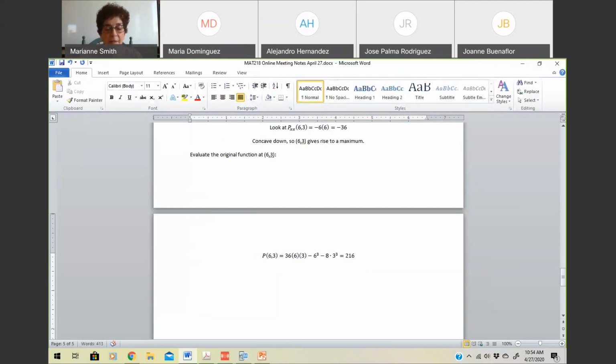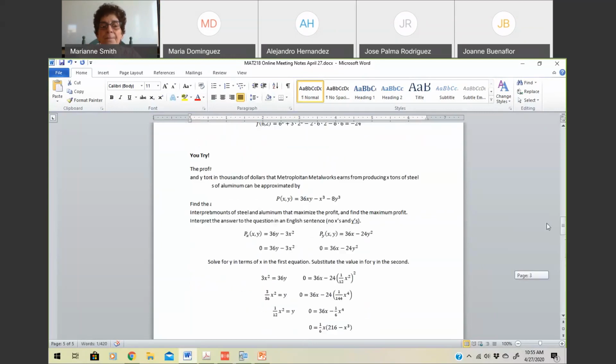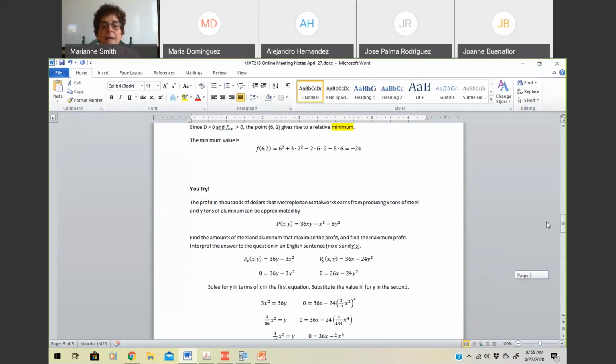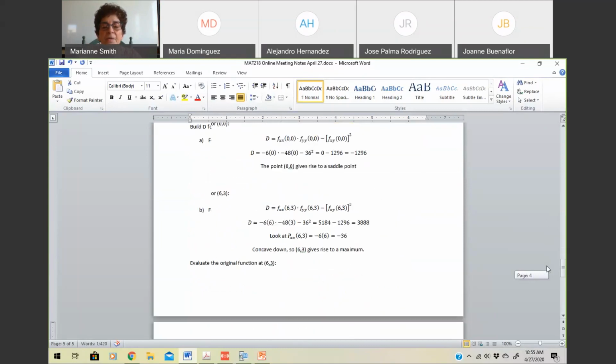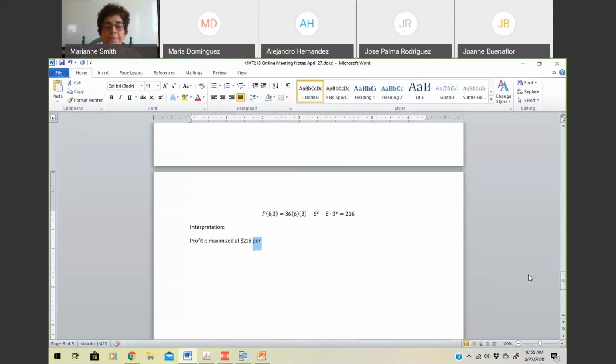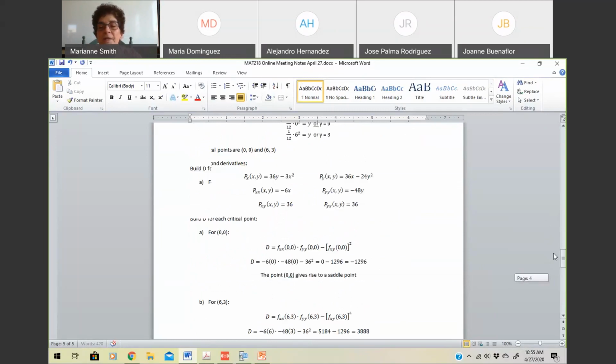Now the last part was the interpretation. Remember, this was a profit. So I'm going to say profit is maximized at $216. Per, what was I doing here? 216, is it in thousands? What was it in? Yeah, thousands, $216,000 when, and again, these were tons of things.